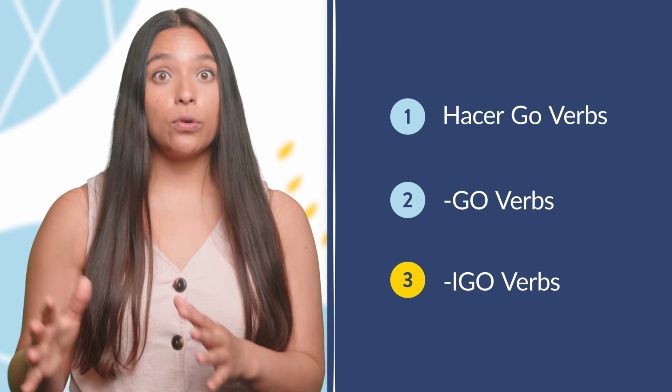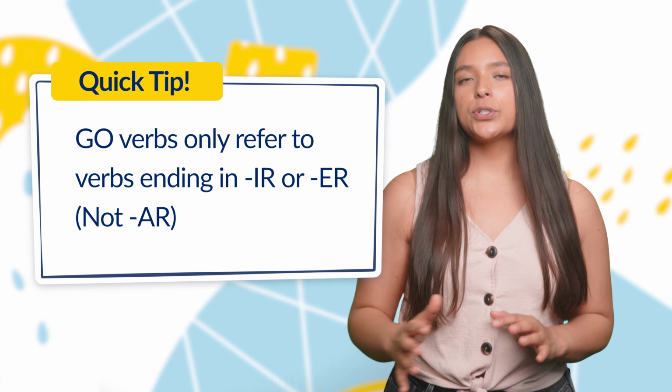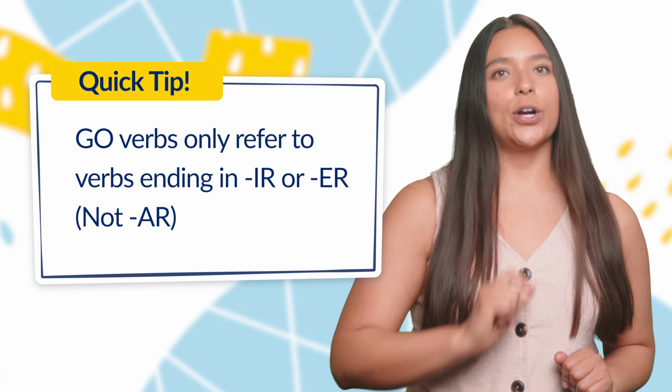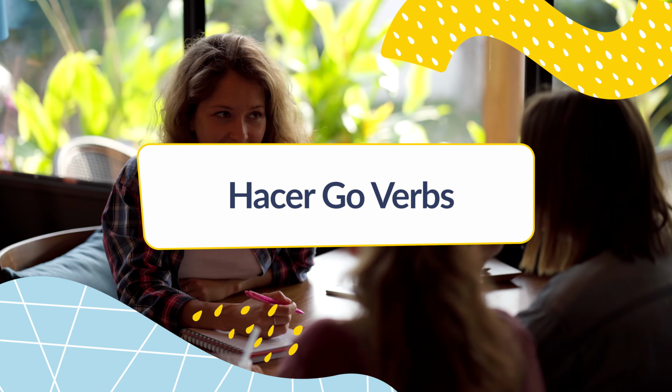When we talk about go verbs in Spanish, we only refer to verbs ending in IR or ER, not AR. We made 2 videos going over the most common IR and ER verbs in Spanish, so be sure to check those out too. Now let's start with the first category of go verb, hacer go verbs.